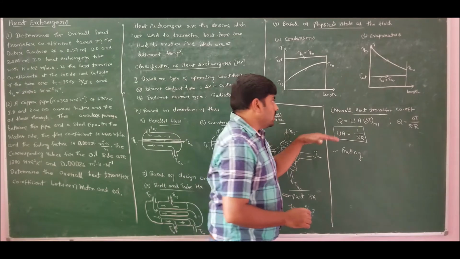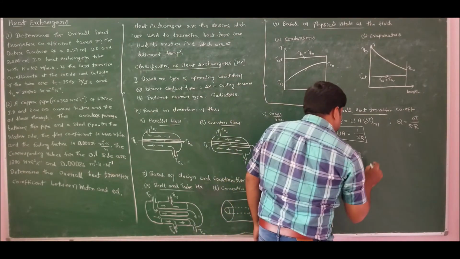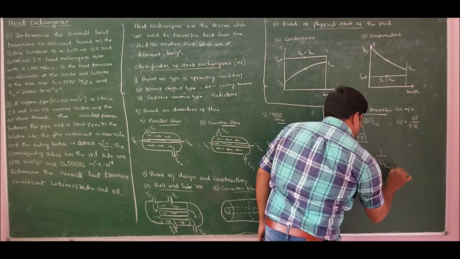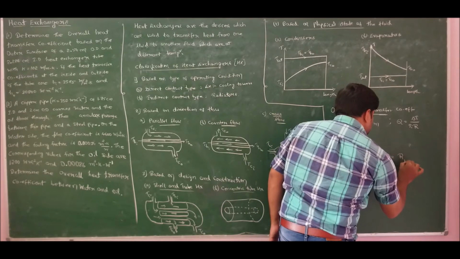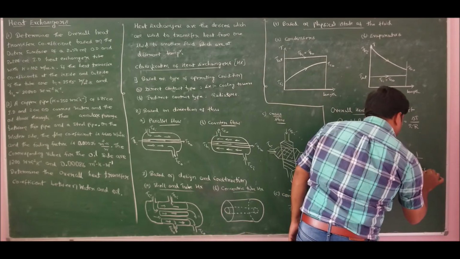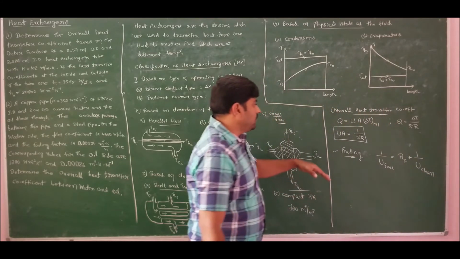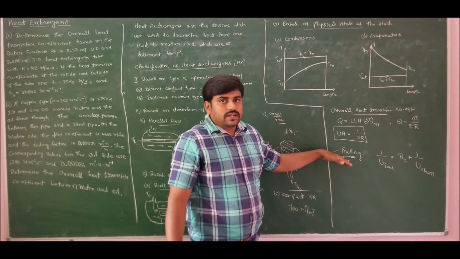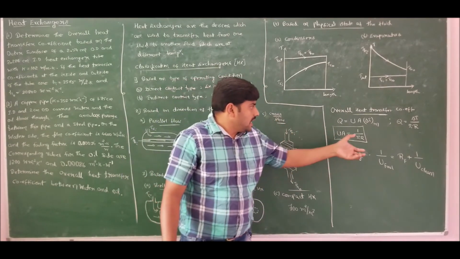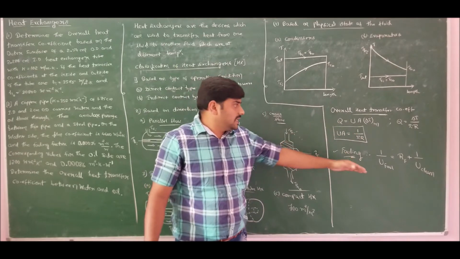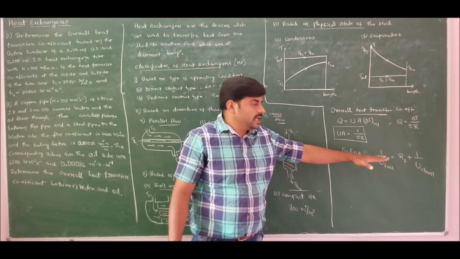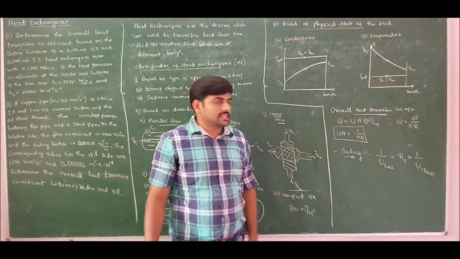The overall heat transfer coefficient for fouled heat exchangers is given by: 1 by overall heat transfer coefficient of fouled heat exchanger is equal to resistance of fouled heat exchanger plus 1 by overall heat transfer coefficient of clean heat exchanger. We define the fouling of a heat exchanger by considering a fresh, brand new heat exchanger. The expression is 1 by U foul is equal to resistance due to fouling plus 1 by U clean, where U is overall heat transfer coefficient.